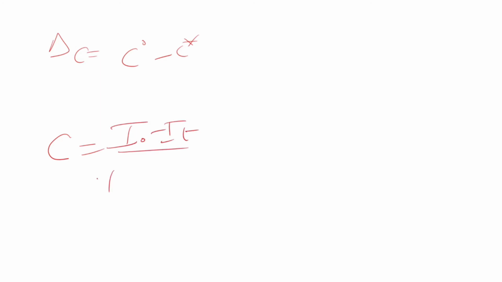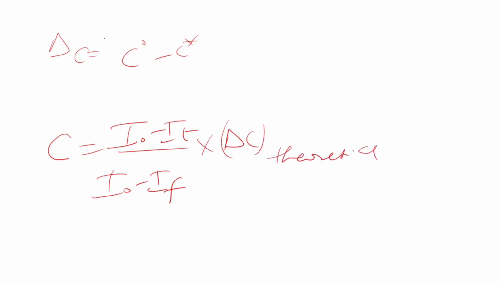So once you have this value, delta C is equal to C0 minus C star, then we can calculate concentration from the intensity: I0 minus IT over I0 minus IF, multiplied by delta C theoretical.